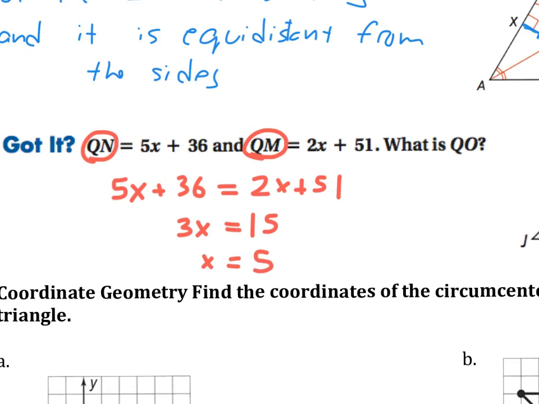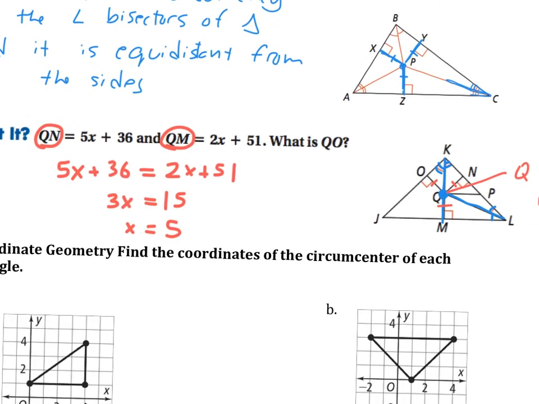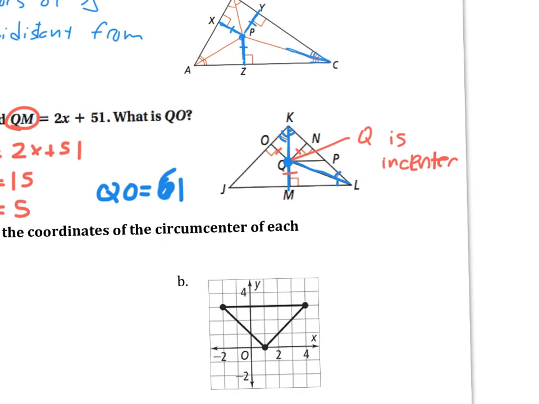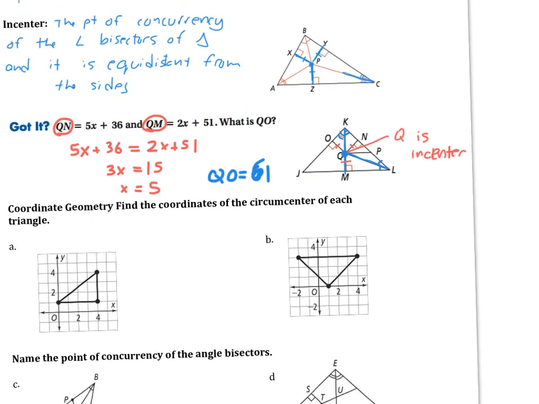Not done, because I have to put that back in, and it doesn't matter where I place it, because QN, QM, and QO are all the same size. So as long as I put 5 back into one of those, I get my result. So that means QO happens to be 61. And we don't know what the units are, if it's miles or inches or whatever. So Q is my incenter because I angle bisected there.